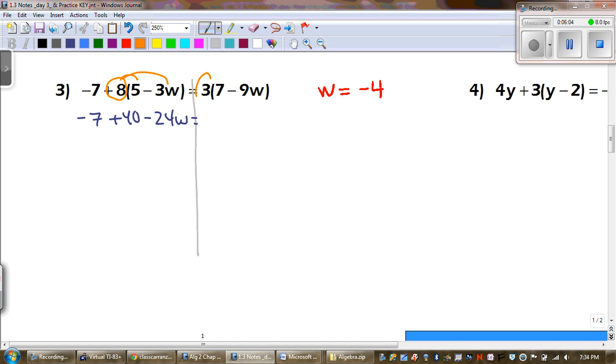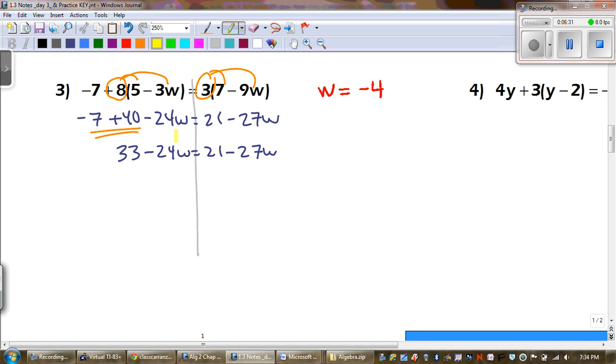And we need to distribute that 3 on the right side too. 3 times 7 is 21. And 3 times 9 is 27w. On the left side, I need to combine my like terms. And we get 33 minus 24w equals 21 minus 27w.